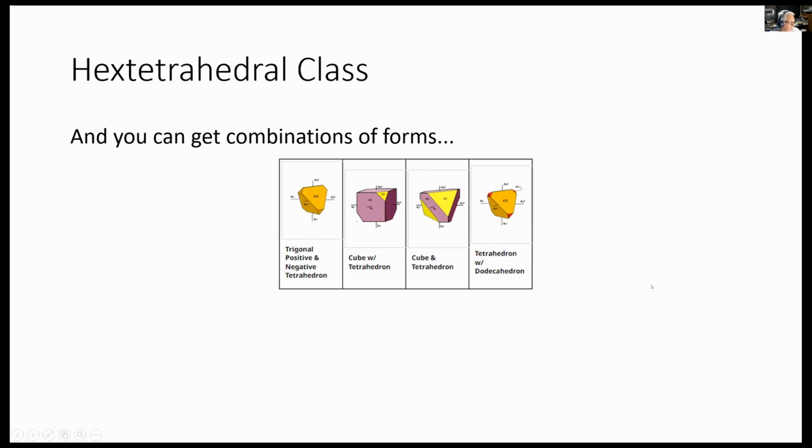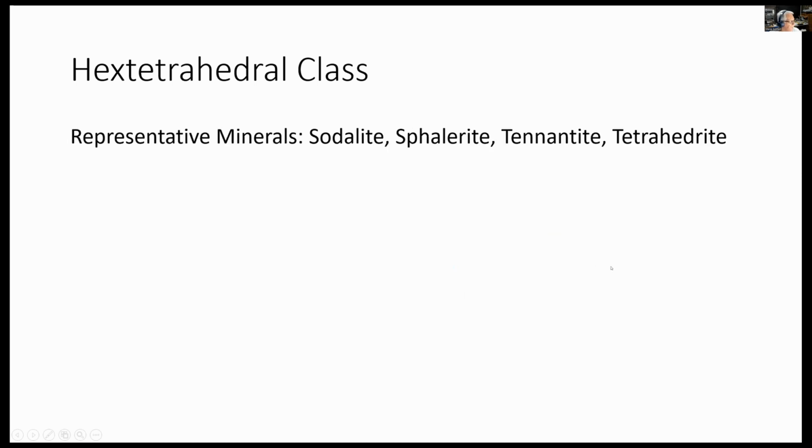Here again, you get combinations of forms where you'll get modifications on the corners in particular. That's probably a fairly common one. That's a relatively common one as well. Maybe not so much with that one. But that's a combination with the cube as well, which is interesting.